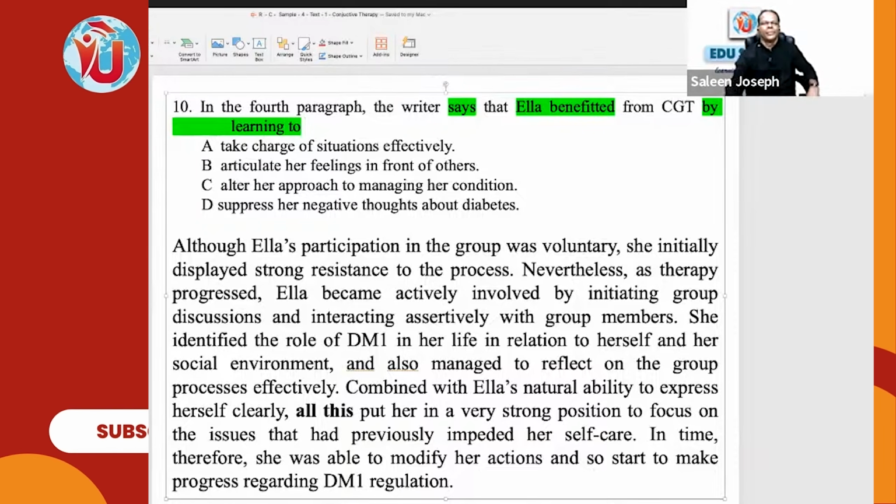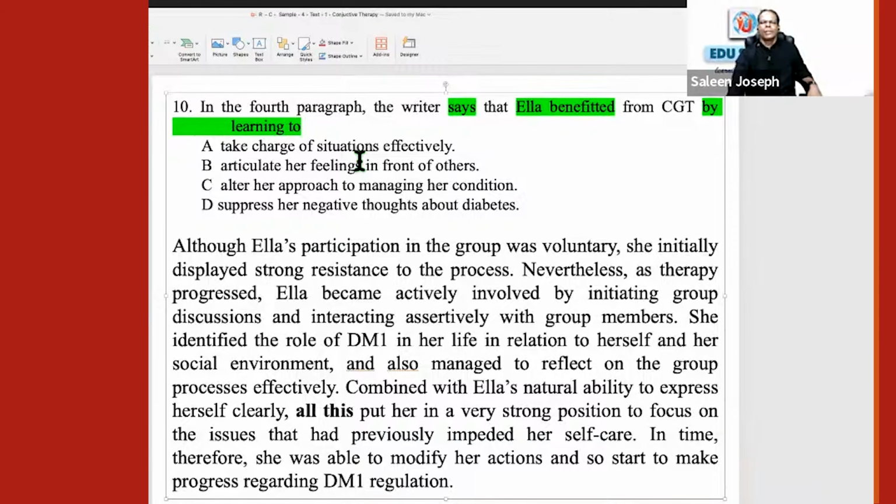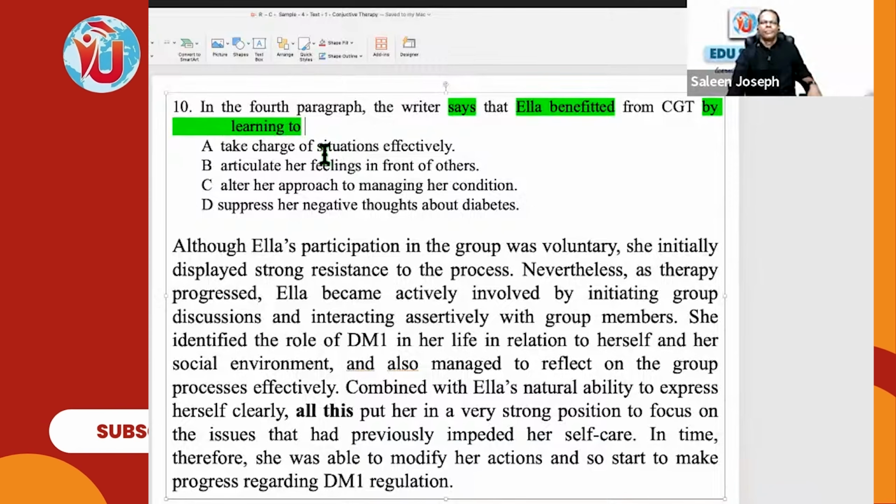What did she learn? First option, take charge of situations effectively. Option B, articulate her feelings in front of others. Option C, alter her approach to managing her condition. D, suppress her negative thoughts about diabetes. Option A: what is the keyword? Charge of situations.